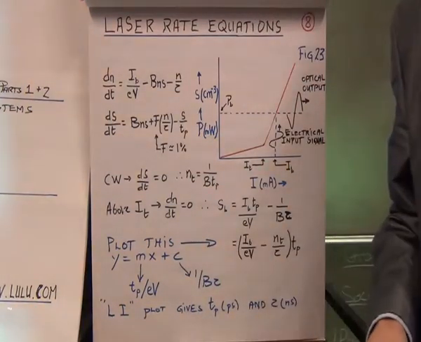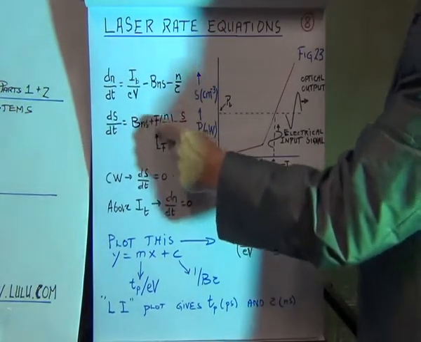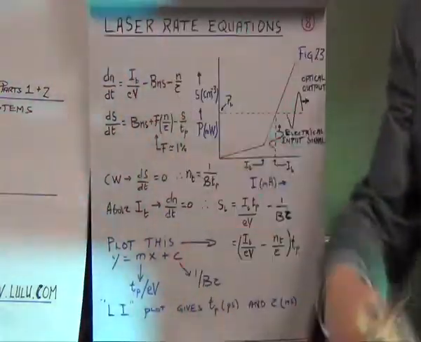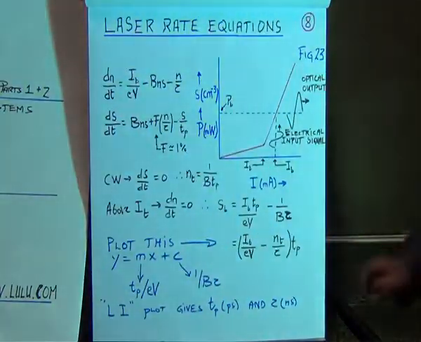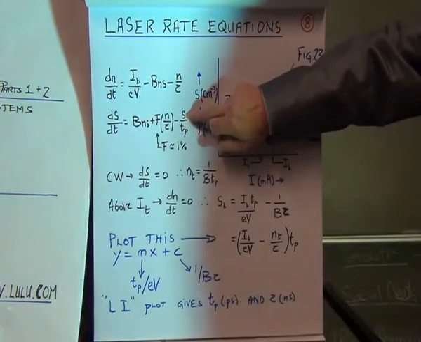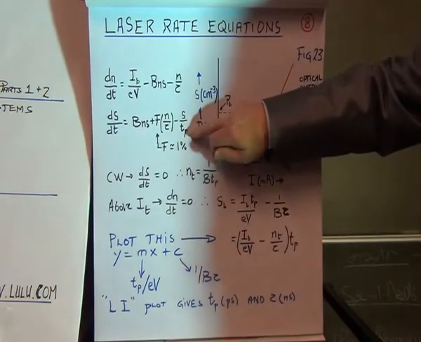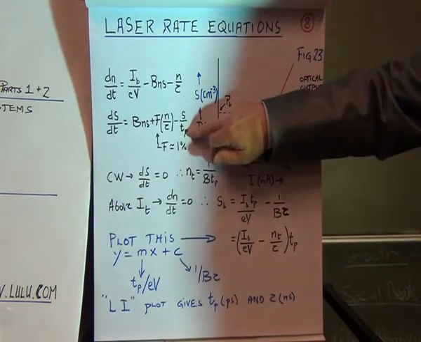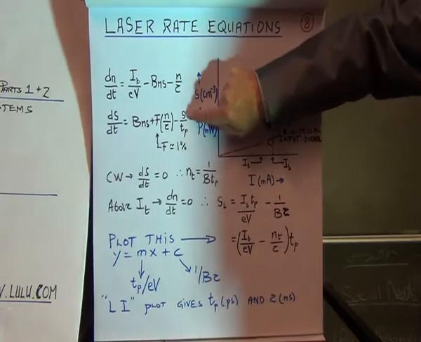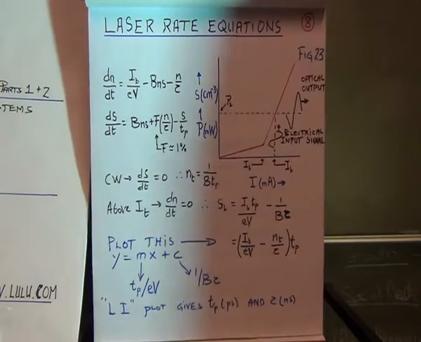And only a tiny fraction, less than 1%, of those contribute to the output light. The rest of it goes out to the edges of the laser where it's absorbed and all over the place. And then finally, the photons, dS/dt, are being lost with time according to the average photon lifetime, Tp. So the carrier's average lifetime is tau, and the photon's average lifetime in the cavity is Tp, the photon lifetime.